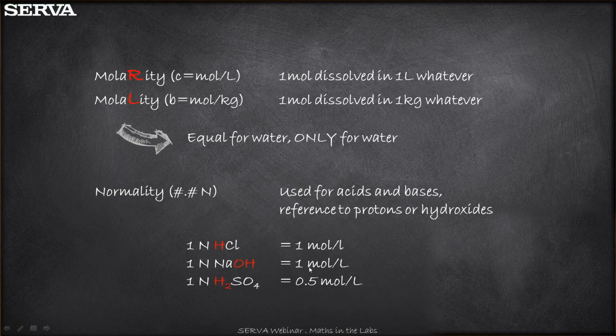But this changes when you take a look at sulfuric acid. Here you have 2 protons. So that means that 1 molar would be 2 normal, or in this case 1 normal would be half a molar.